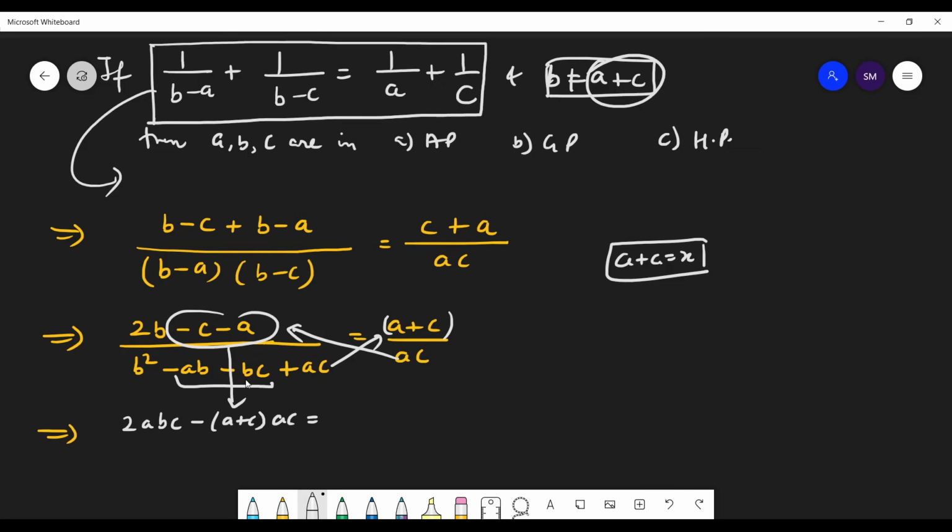Till you are doing these calculations, you can put a plus c is equals to x also. That will also work. So that's a plus c into what you can write it as b square minus b into a plus c plus ac.